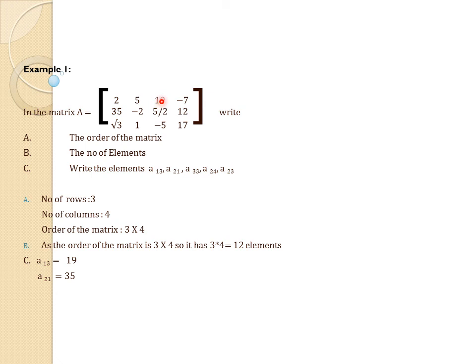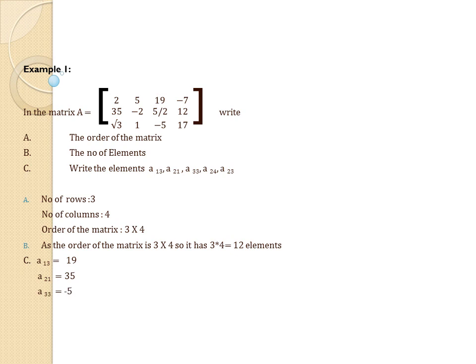Next example is A21. 21 means second row, which is this one, and 1 means first column, that is 35.